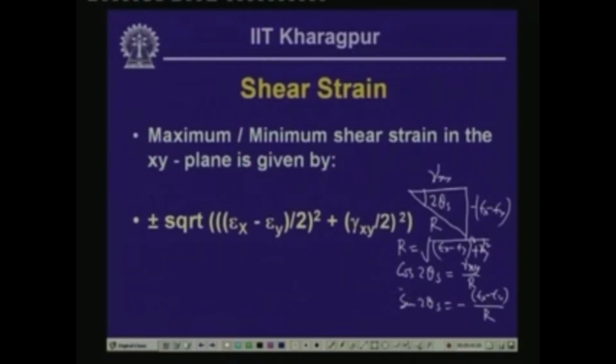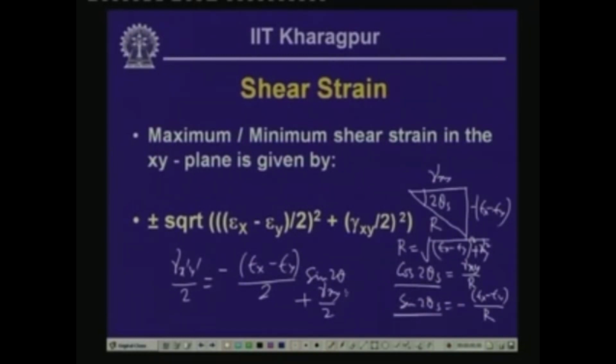Now, if we substitute the values of cos 2 theta s and sin 2 theta s in the expression for gamma x dashed y dashed by 2, which is equal to minus epsilon x minus epsilon y by 2 sin 2 theta plus gamma xy by 2 cos 2 theta, with cos 2 theta and sin 2 theta in terms of gamma xy by r and epsilon x minus epsilon y by r, we get epsilon x minus epsilon y square by twice r plus gamma xy square by twice r.